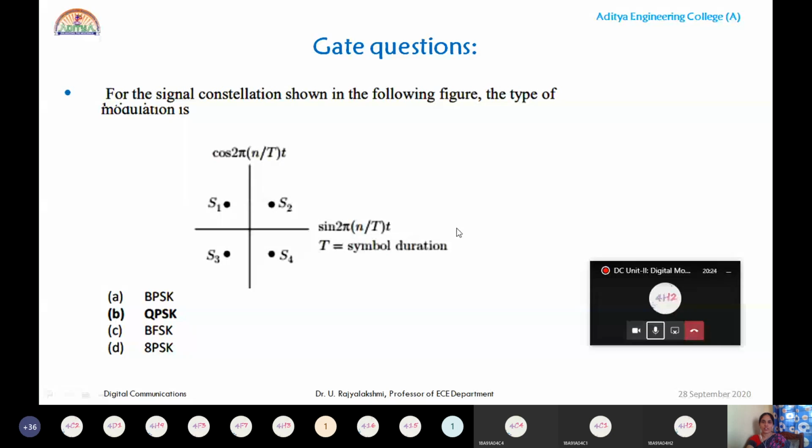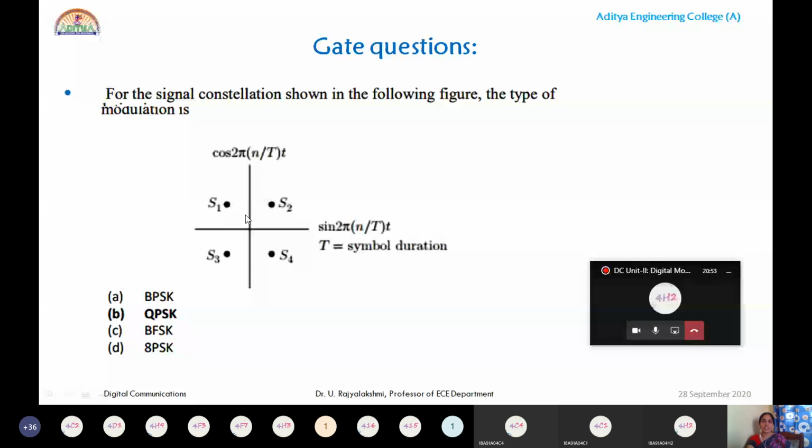Based on that, which type of modulation is it? QPSK. Why QPSK? Because the phase of S1, S2, S3, S4, everything is different. The phase parameter is differing here, but the amplitude of all the values is constant, and in general it is root Ps into Ts.